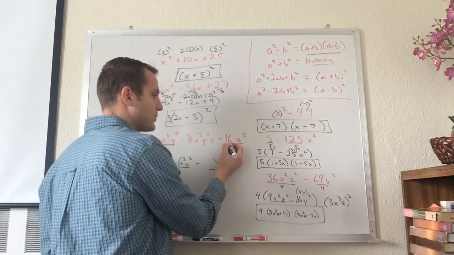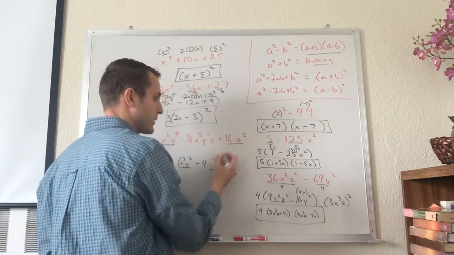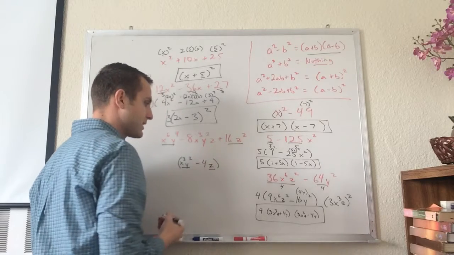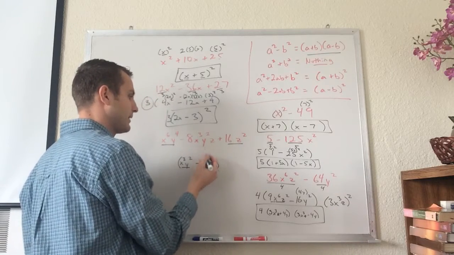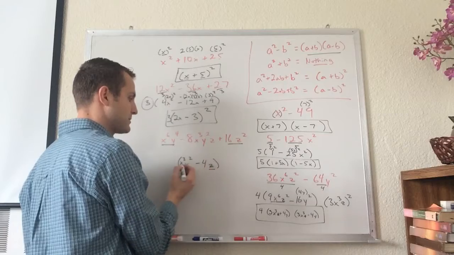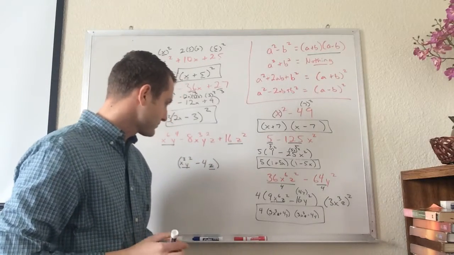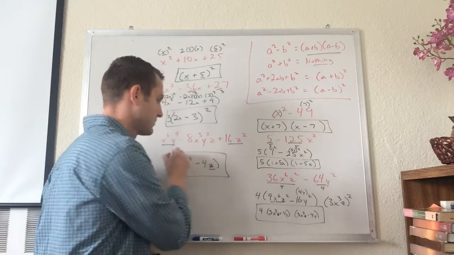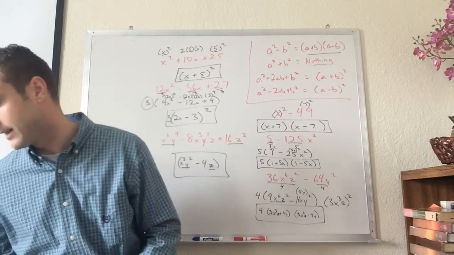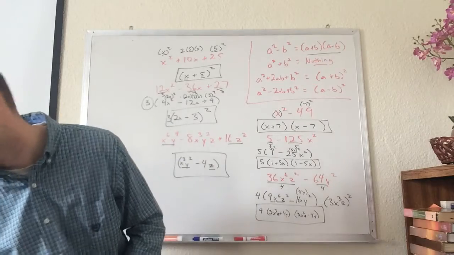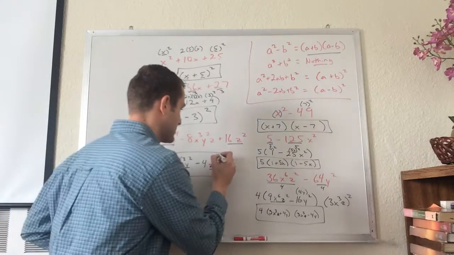What squared equals 16, that's 4. What squared equals z, that's obviously z. I could double check it by doing 2 times this should equal that. And that does. So this right here is my answer. And don't forget the squared on the outside.